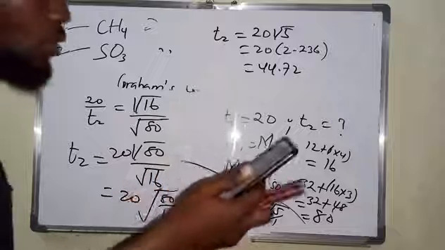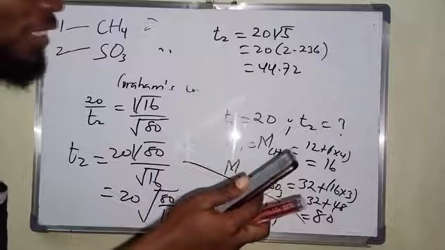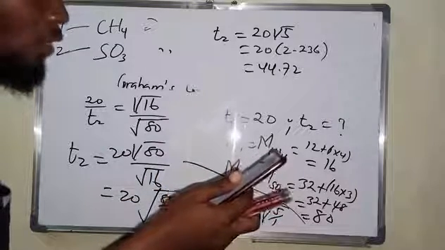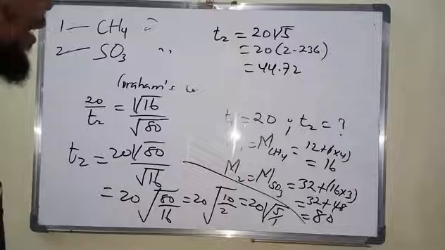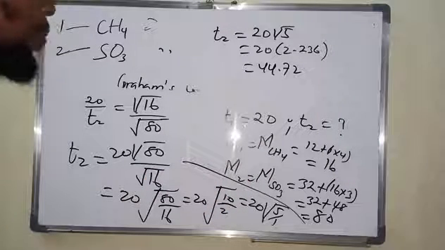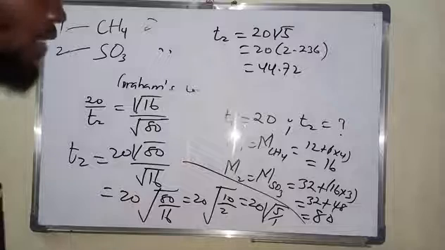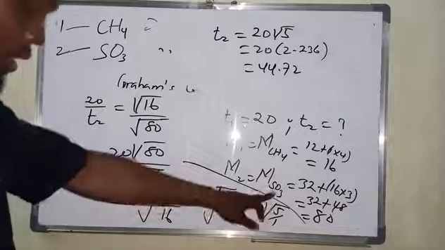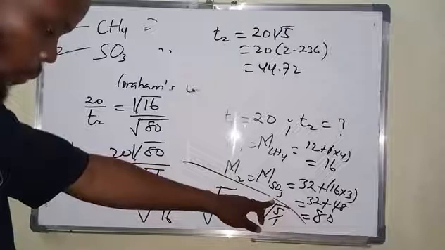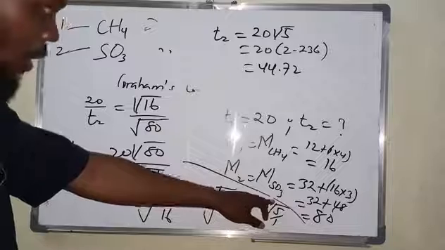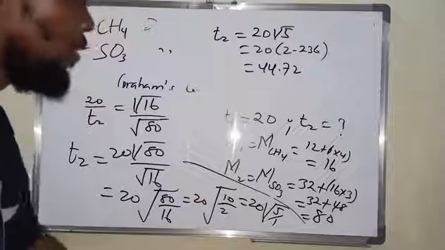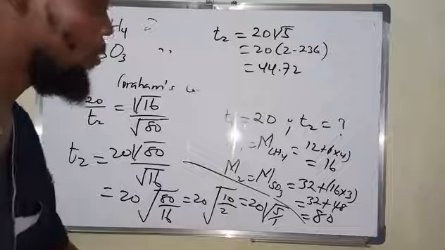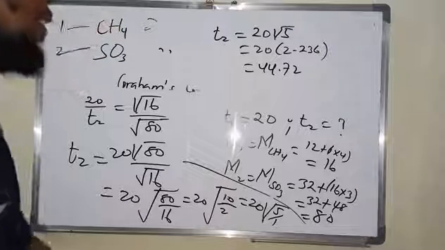But if you look at the options, you have 40, 60, 25 seconds. Let's take SO3: sulfur is 32, oxygen is 16, 16 times 3 is 48, 48 plus 32 is 80.